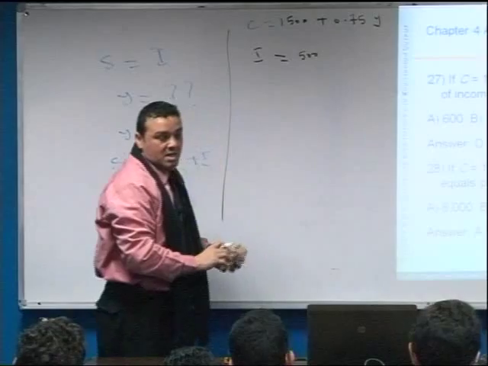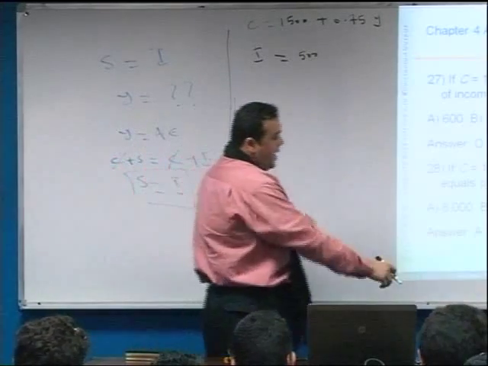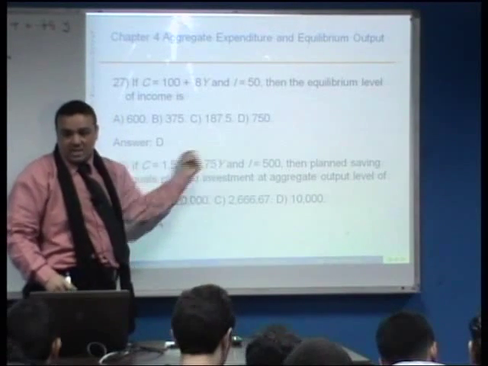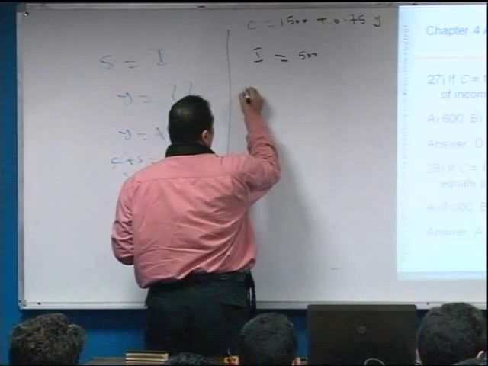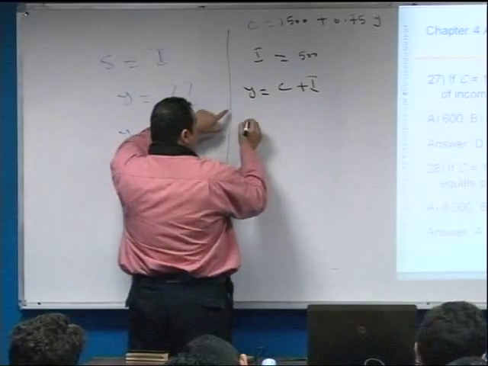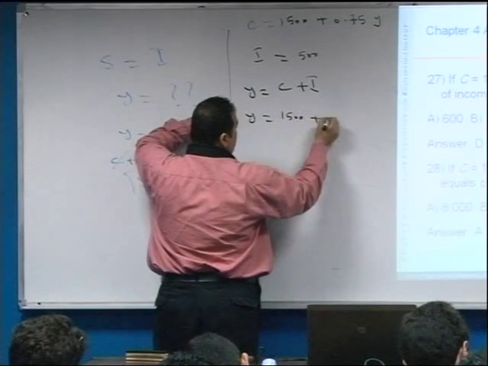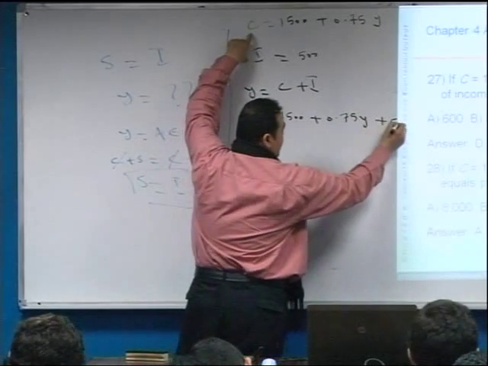The question is, calculate the aggregate income, or the equilibrium aggregate output, when saving equals investment, or S equals I, or at equilibrium. So Y equals C plus I at equilibrium. So Y equals 1,500 plus 0.75 Y plus the planned investment, $500 million.